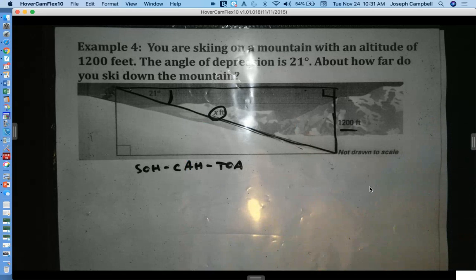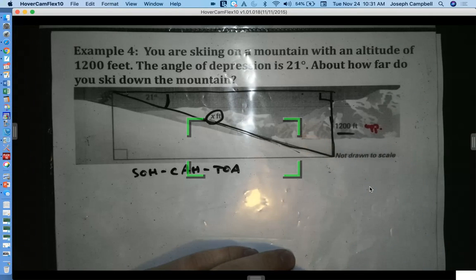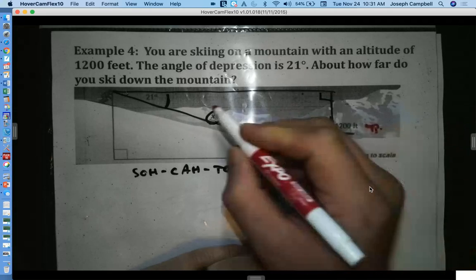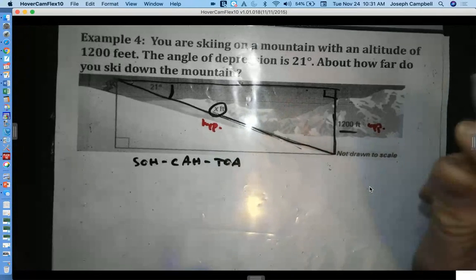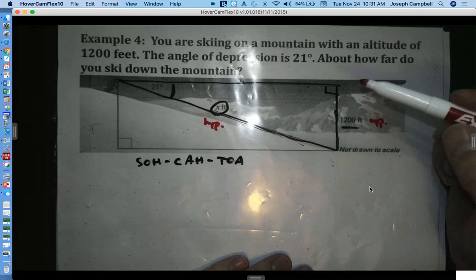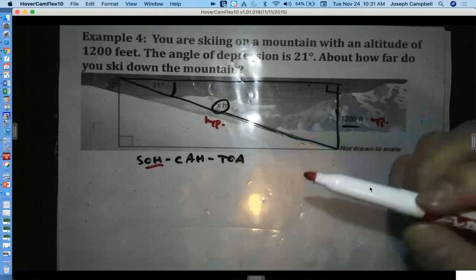Well, in relation to 21 degrees, what is 1,200? It's the opposite side. X, since it is opposite 90 degrees, will always be the hypotenuse. So what uses the opposite and hypotenuse? Sine.